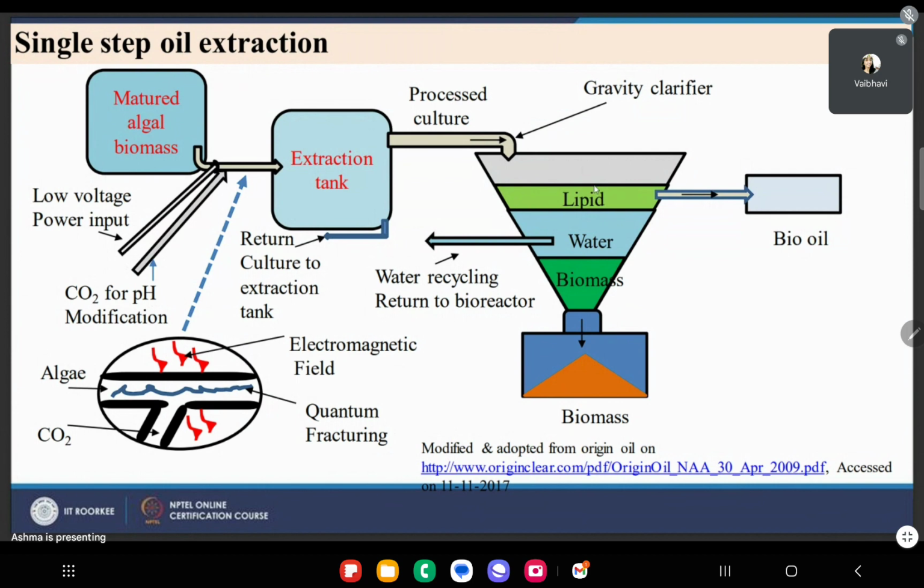Finally these are sent to a separator, a gravity settler, where the lipid, water and biomass are separated depending on their density. We extract the lipid, and we can recycle the water after treatment or return it to the bioreactor, and we can get the biomass out of this.